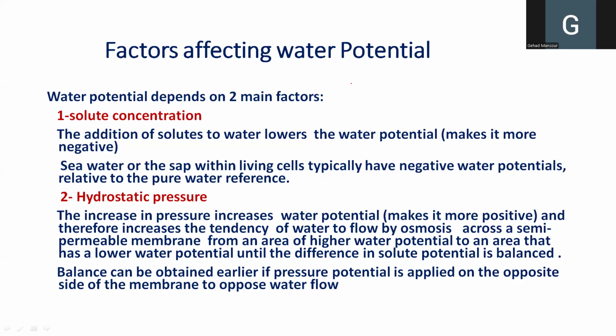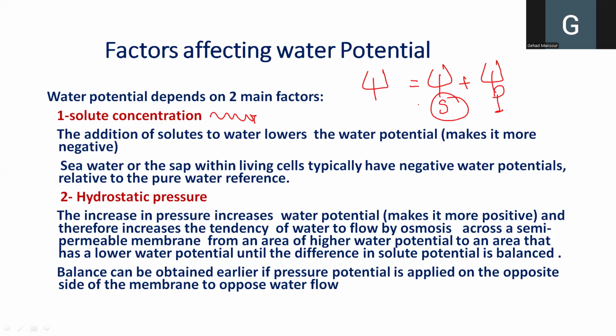So water potential depends on two main factors. First of all, as we said, let's review the equation. Water potential equals solute potential plus pressure potential. So first of all, it depends upon solute concentration. The addition of solutes to water lowers the water potential. Do we agree with that? Yes, because it makes it more negative in relation to pure water. Why?